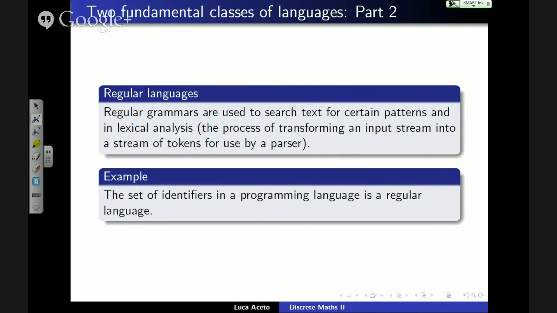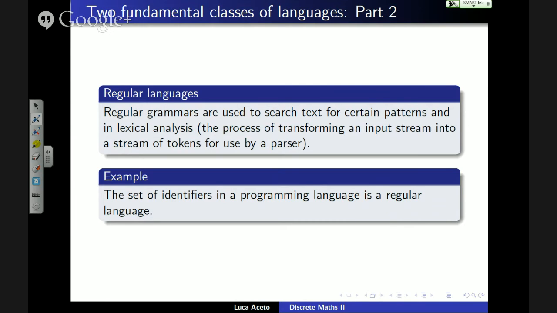Regular languages. Now, the parser that does the construction of the parse tree in your compiler relies on something called a lexical analyzer. The lexical analyzer looks at the string that your program is, nothing but a long string of symbols, and breaks it up into its individual components.